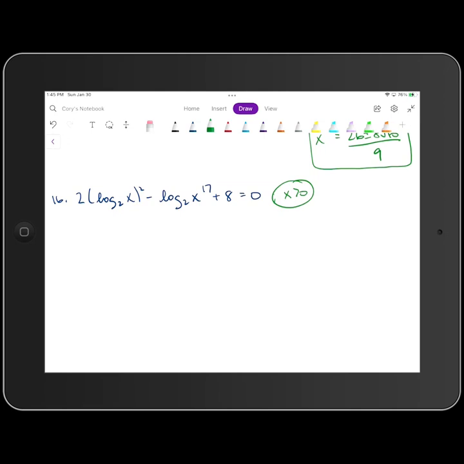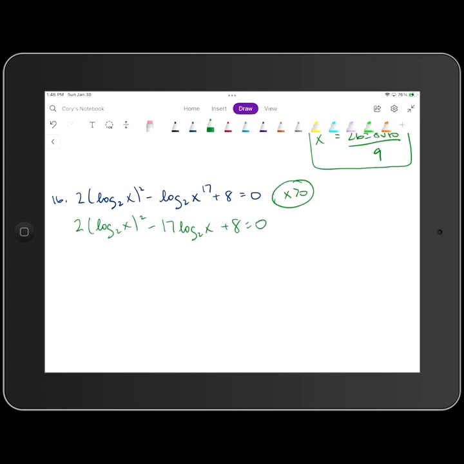Now, when I look at 16, this is like saying 2 times the log base 2 of x squared minus, when I look at that middle log, that exponent of 17 I can pull out front as a factor. So that's minus 17 times the log base 2 of x plus 8 is equal to 0.